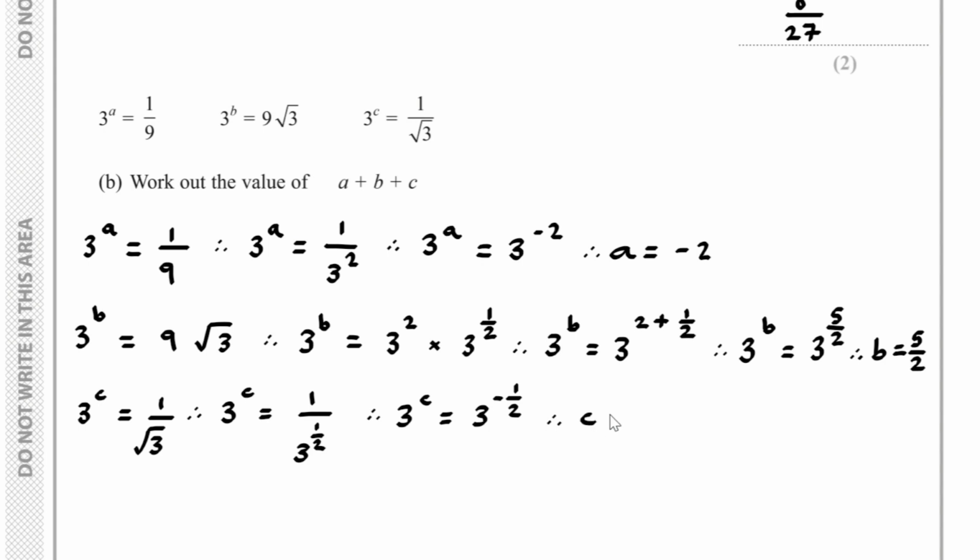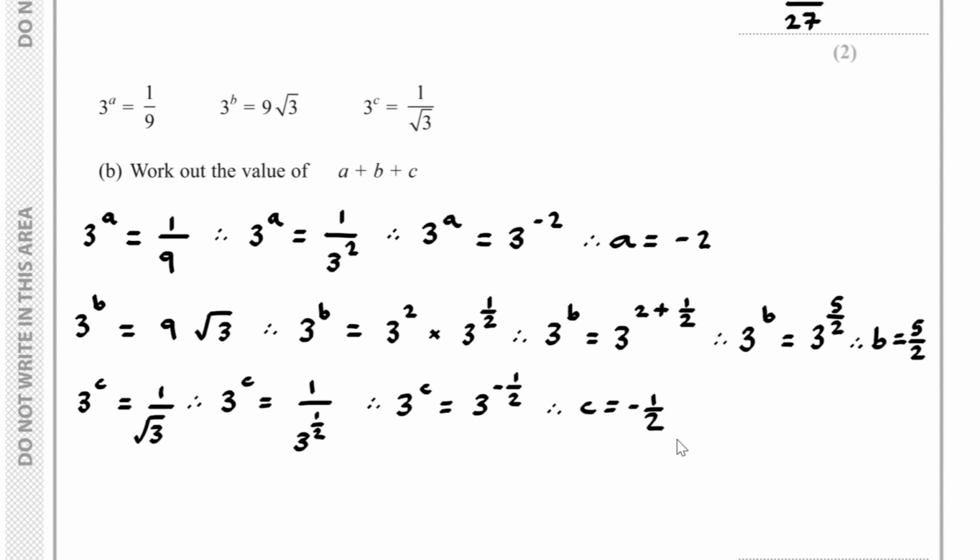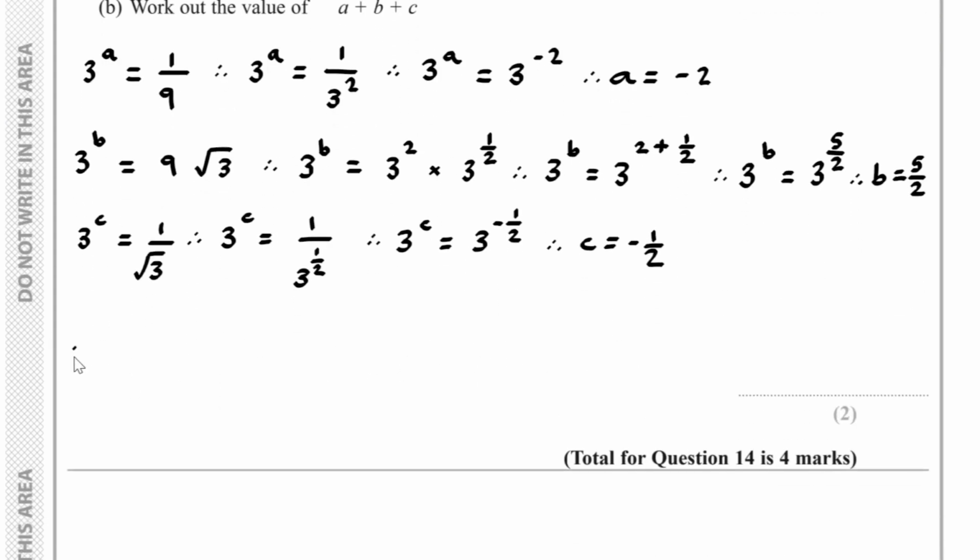In which case we see that c is equal to negative 1/2. And so a plus b plus c, that's minus 2 plus 5 over 2 minus 1/2, and it turns out here we get 0.